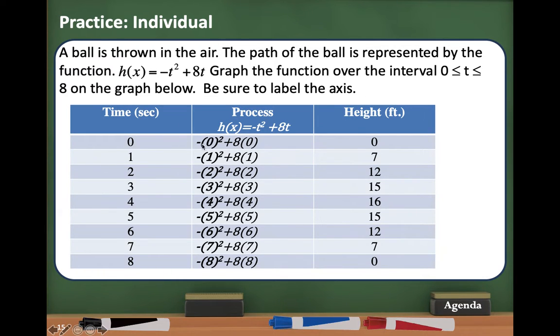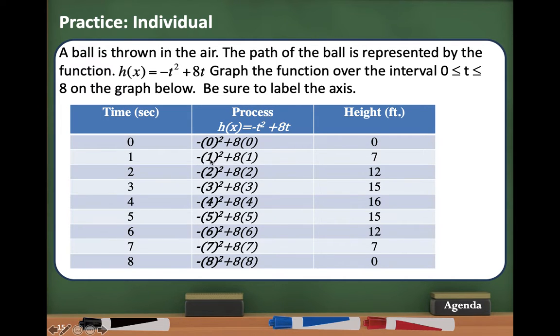I took the 0, plugged it in for t. So I have negative 0 squared plus 8 times 0. And that's 0. You put 1 in. Careful here. See how that negative sign is outside? It gets a little tricky. That negative sign, what you have to do is actually square the time first and then make it negative.